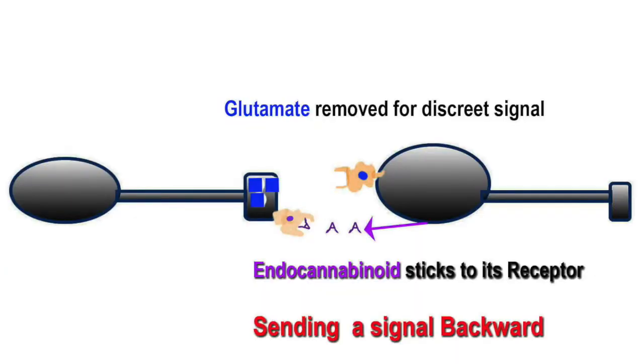Quickly, the glutamate's removed from its receptor so that the signal is brief, and more importantly, the endocannabinoid goes backward to the left and sticks to its endocannabinoid receptor on the left-hand neuron, and this means it is sending a signal backward. Since forward is left to right in this brain pathway, backward is right to left.